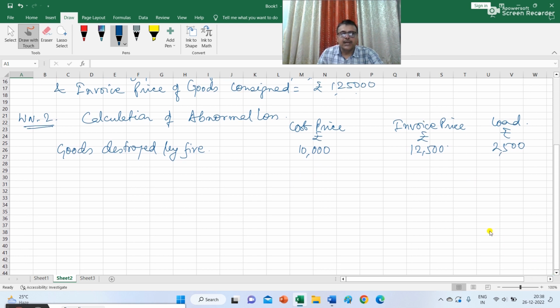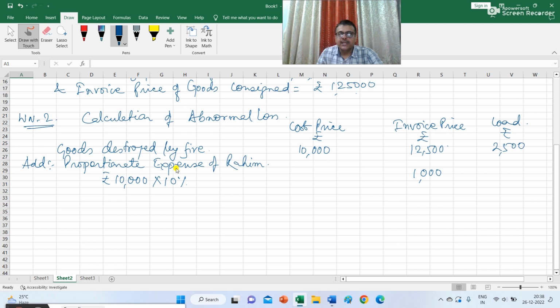Now to this figure I have to add the proportionate expense of Rahim. Rahim incurred rupees 10,000 towards freight and insurance and 10% of the goods destroyed by fire. So 10% of rupees 10,000 is rupees 1,000.